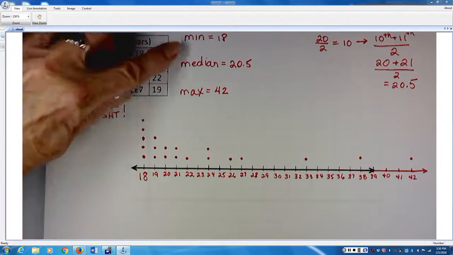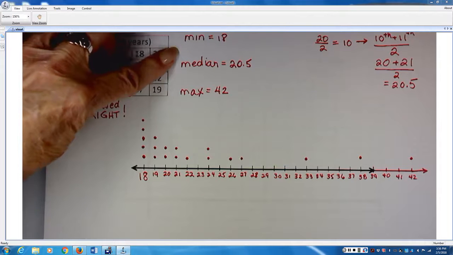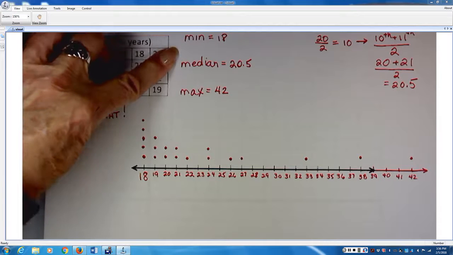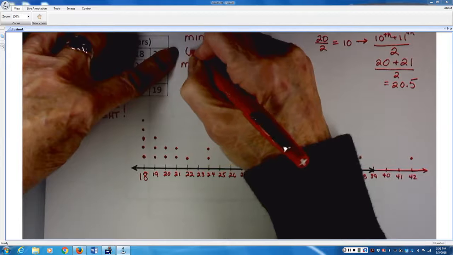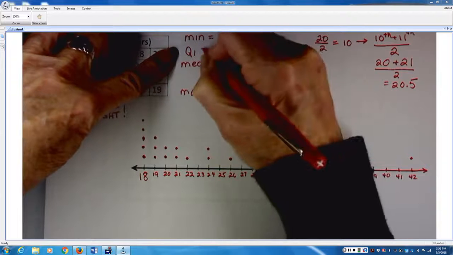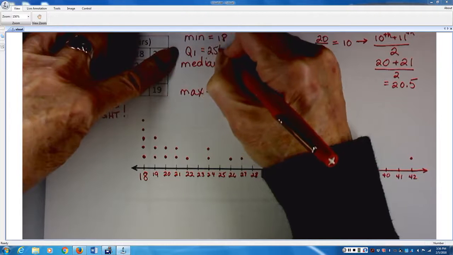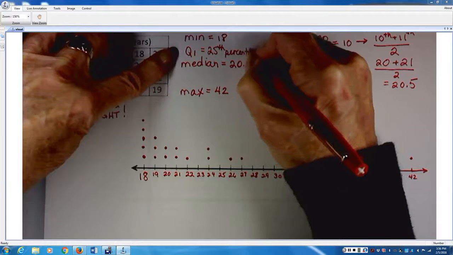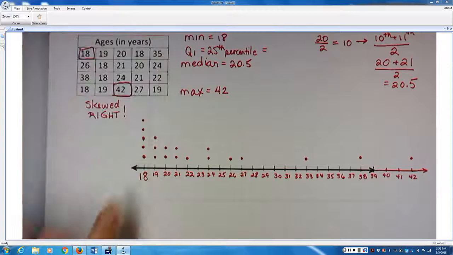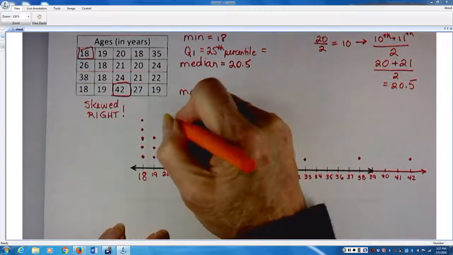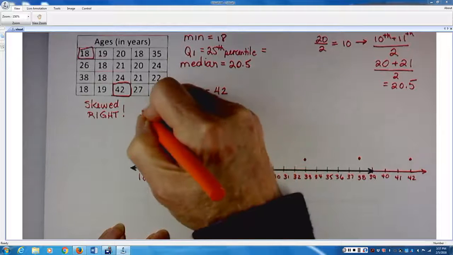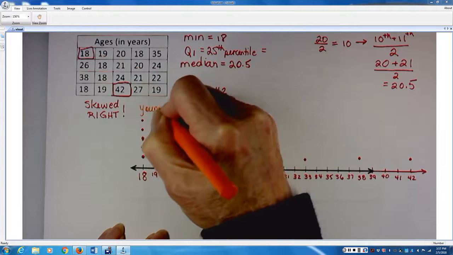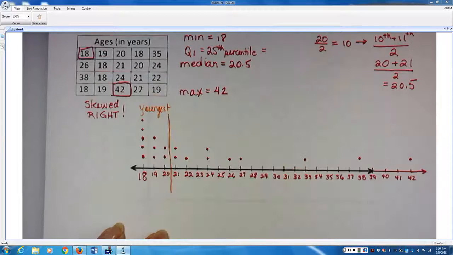I also want to know the middle of the younger students. What's the middle age of the youngest 50% of the students? That's actually called the first quartile, or the 25th percentile. So if I look only at the 10 youngest students, my 10 youngest are down here.